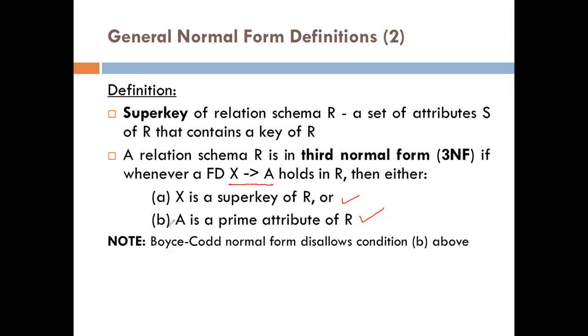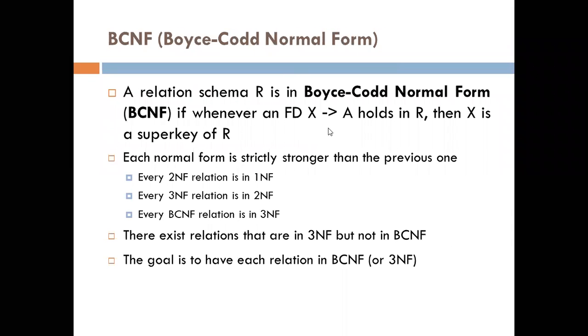Based on the extension of this third normal form, we have another normal form, that is Boyce-Codd normal form. So in Boyce-Codd normal form, the second condition is not allowed. So we shall look at that next.